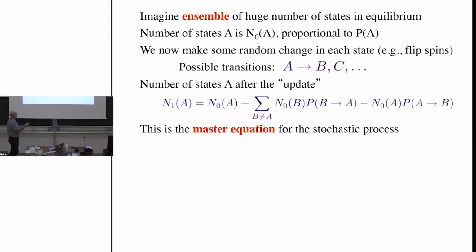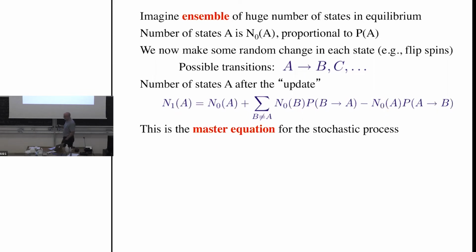Okay, that's how many more I got, but then some of them also vanished from A. And that's how many I had in A times the probability of A going to B, right? So that's all under the same sum there. So this is something quite general in stochastic processes, and it's called the master equation, all right?